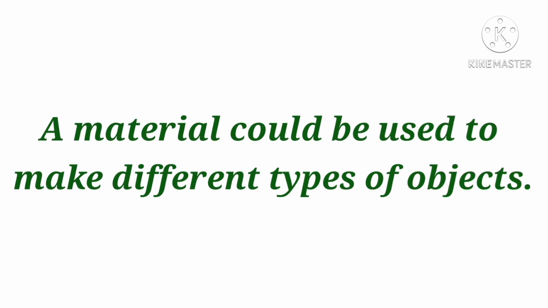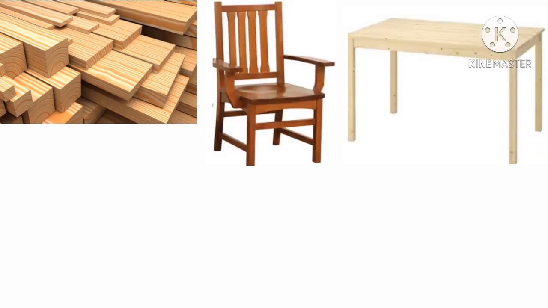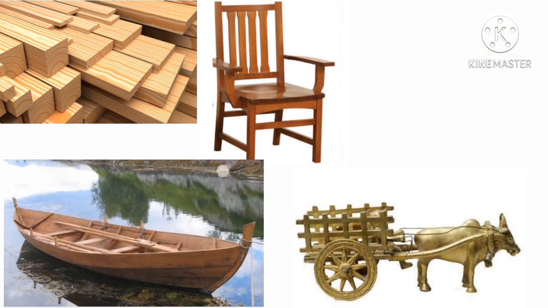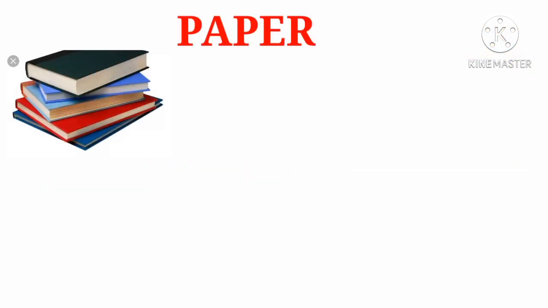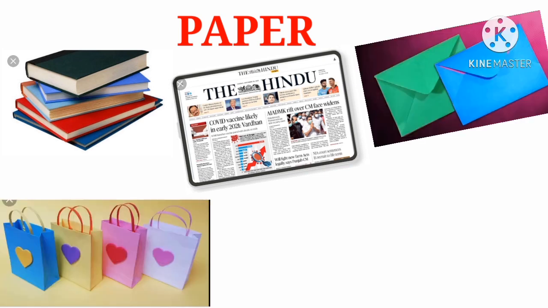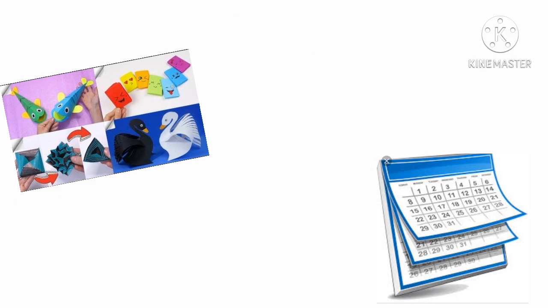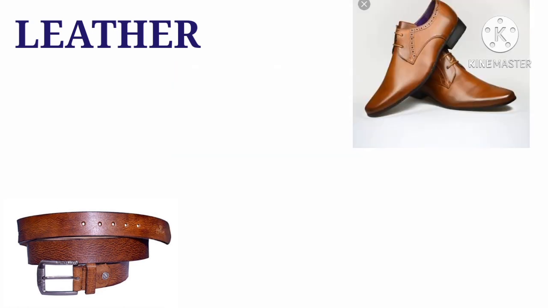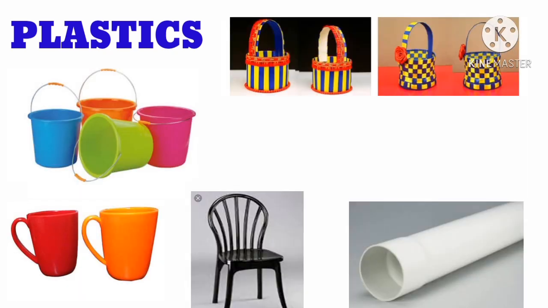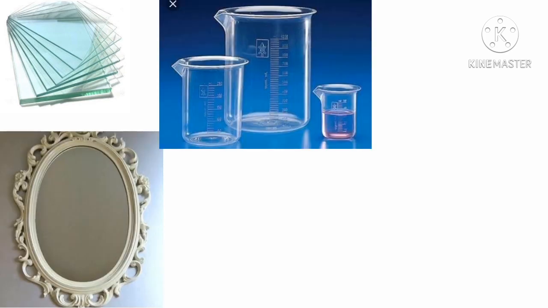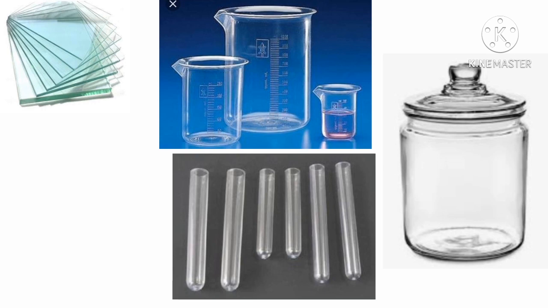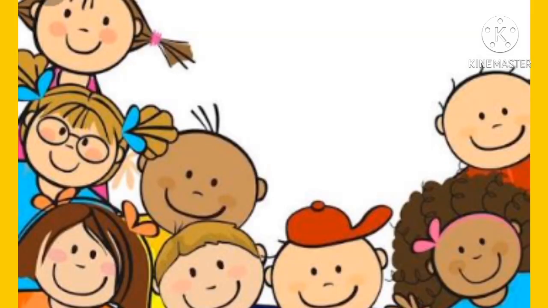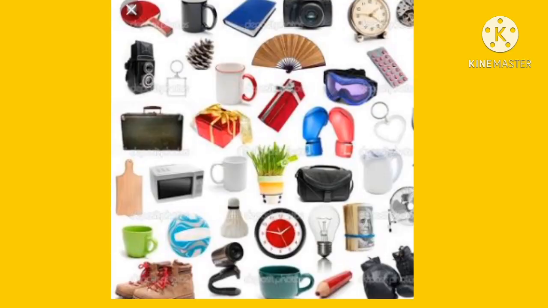For example, wood is used to make table, chair, boat, bullock cart, etc. If you take paper, you can make books, newspaper, covers, paper bag, toys, calendar, etc. Leather is used to make jacket, belt, handbags, shoes, etc. Plastics are used to make buckets, mugs, baskets, pipe, chair, tables, toys, etc. And glass is used to make mirror, beakers, test tubes, jar, etc. So children, we use a variety of materials to make a variety of objects.